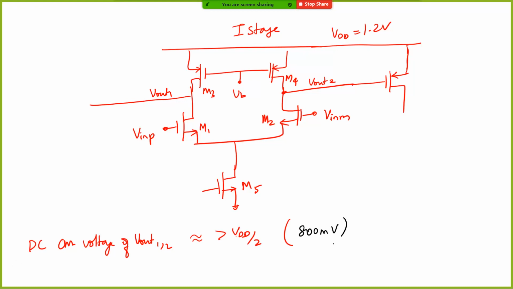Now basically 800 millivolt of gate voltage is better suited to be given to a PMOS transistor rather than an NMOS transistor, because if you give this to an NMOS transistor, you need at least the VDS of, hand calculation wise, 800 minus the threshold voltage, which if you take the threshold voltage to be around 350 millivolt or something like that, you need 450 millivolt of VDS.